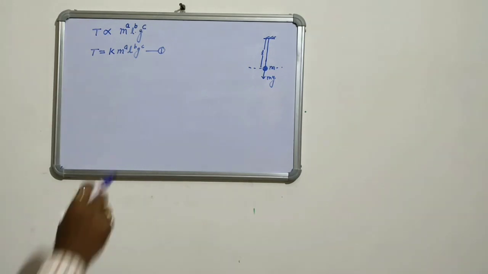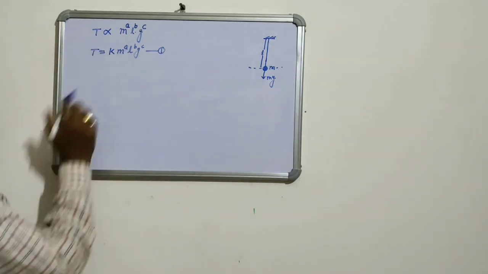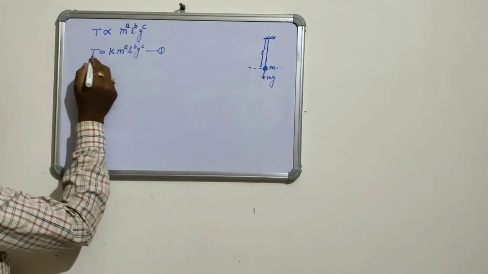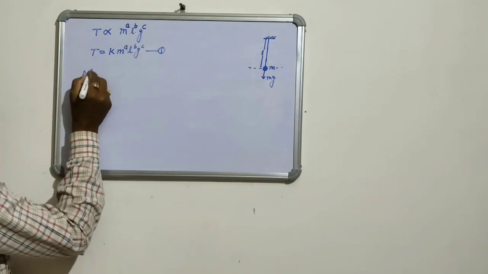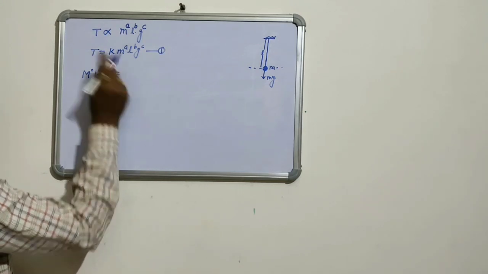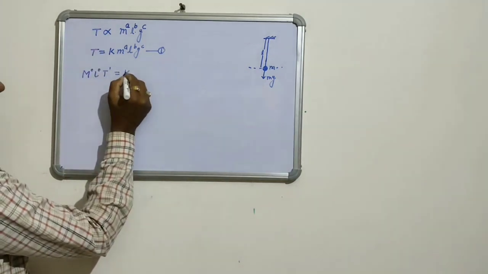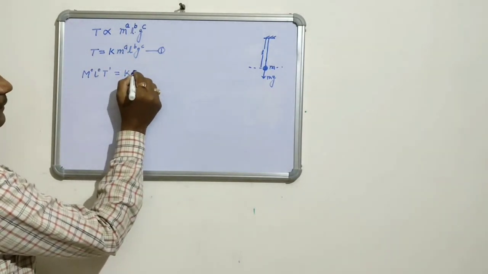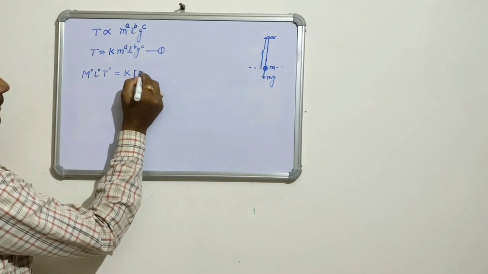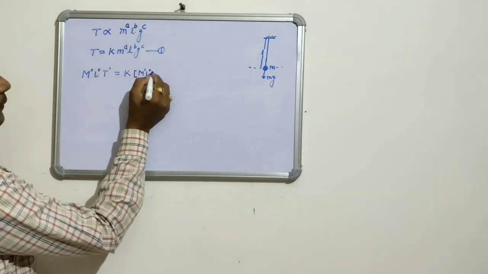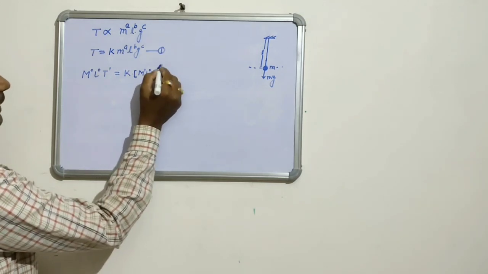Okay. Now we can put in the dimensional formulas. The dimensional formula of time period T is M^0 L^0 T^1. K doesn't have any dimension, so we can write k. The dimensional formula of mass is M^1 L^0 T^0, to the power a.